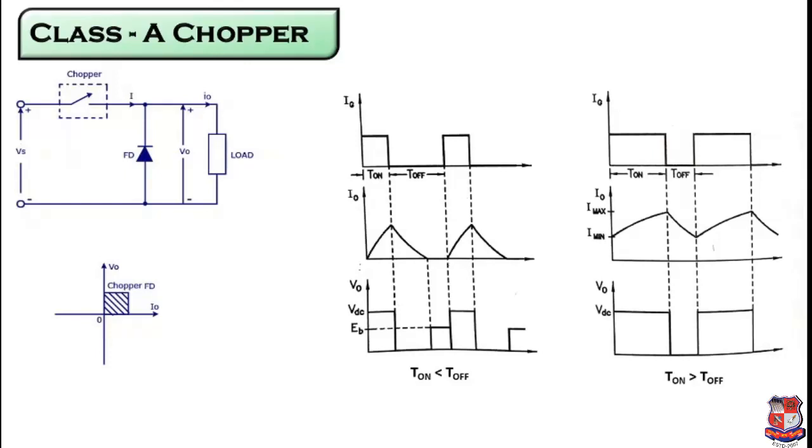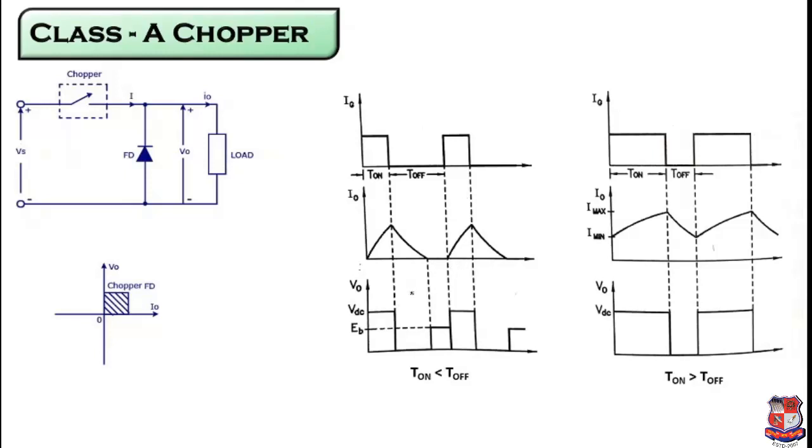But if turn on time is greater than turn off time, then it will be continuous conduction mode operation. It is obvious: if turn on time is less, then discharging will occur at some instant, and if the switch is still off, then the output current goes to 0.